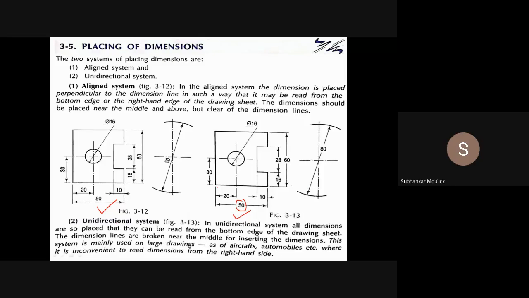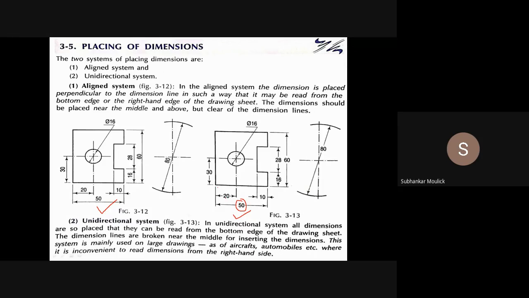See, from this end to this end, 20. How have we drawn it? Extension line, dimension line. Just above this dimension line at the midpoint, I have written 20. But in the unidirectional system, what will you do? Draw the extension line, draw the extension line, draw the dimension line.